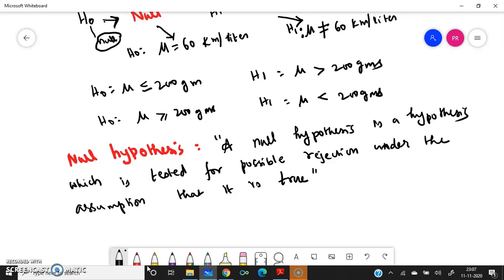So what is null hypothesis? It is nothing but a type of hypothesis which is tested for possible rejection. We always test it because we want to reject it, possible rejection under the assumption that it is true.